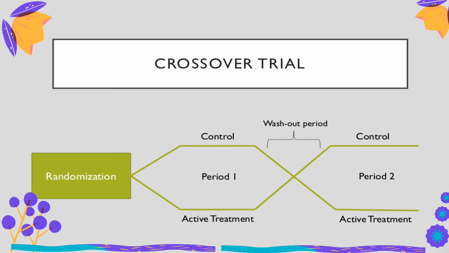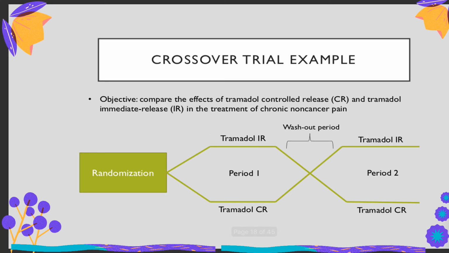Afterwards, a washout period must be observed before proceeding to period 2, where the original control group will participate this time in the active treatment, and the original active treatment group will become the control group. This is a specific example that compares tramadol controlled release and tramadol immediate release in the treatment of chronic non-cancer pain.